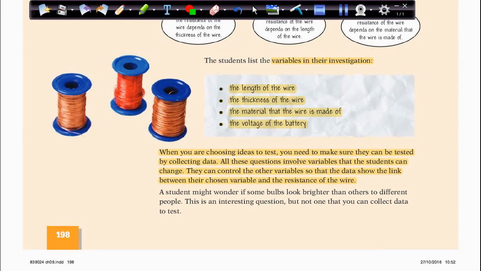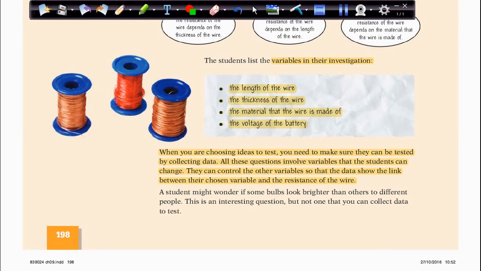In this investigation, we will choose low voltage, so we can reduce and control the risks. They can control the other variables so that the data show the link between their chosen variable and the resistance of the wire.